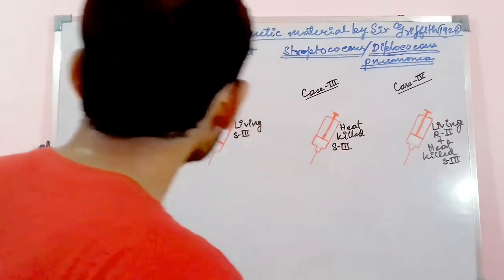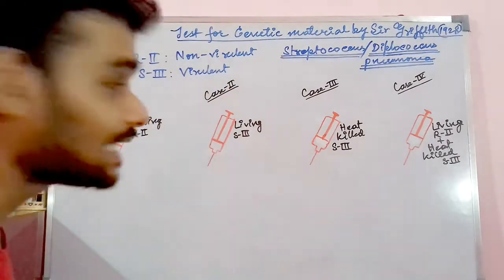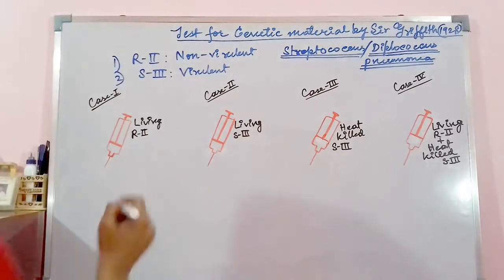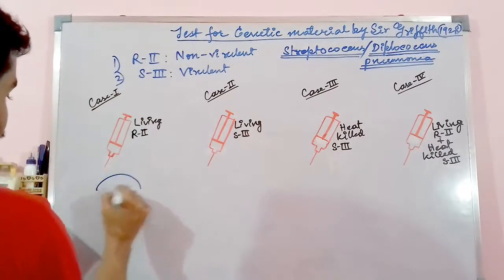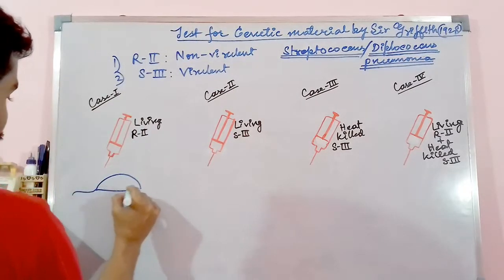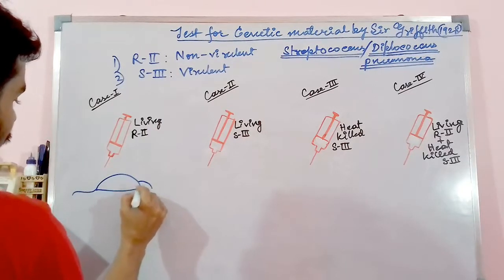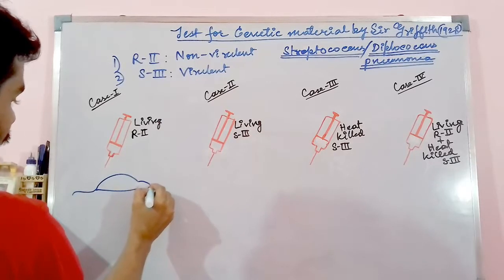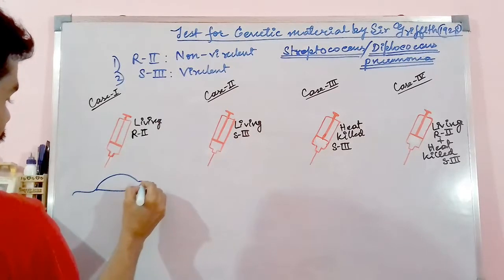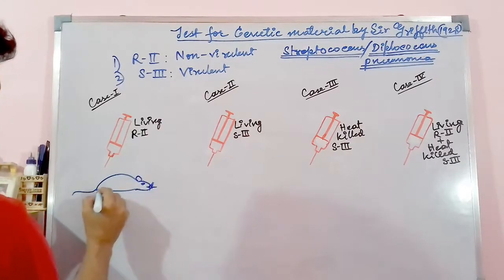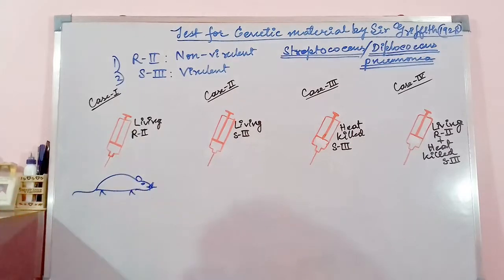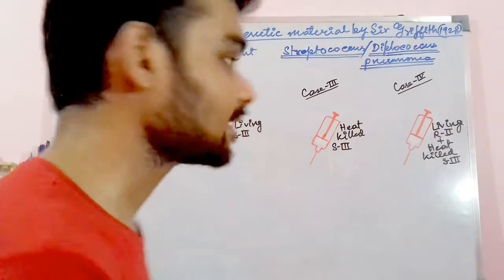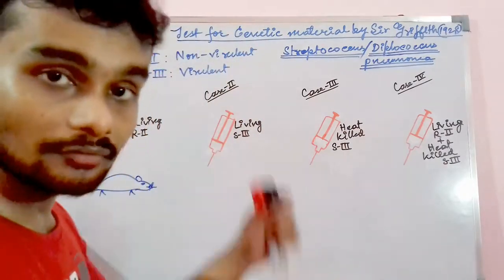Now, what happened? In the first case, when he injected this culture of R2 type bacteria in mice, okay, he took some mice, colony of mice, in order to identify the characteristic strain of this bacteria.